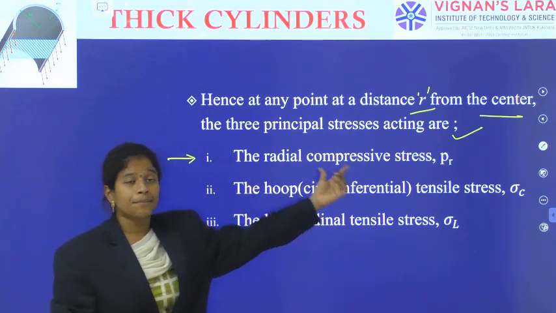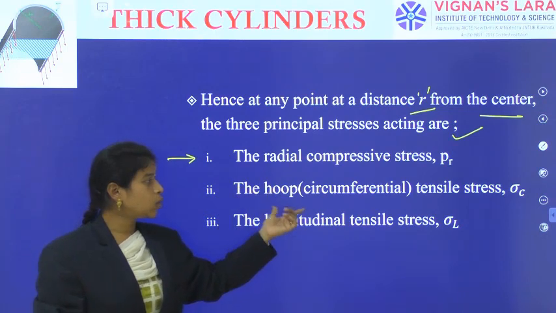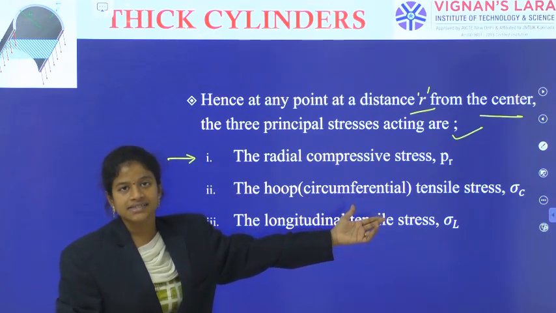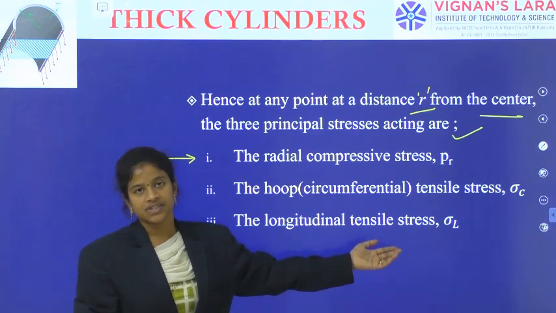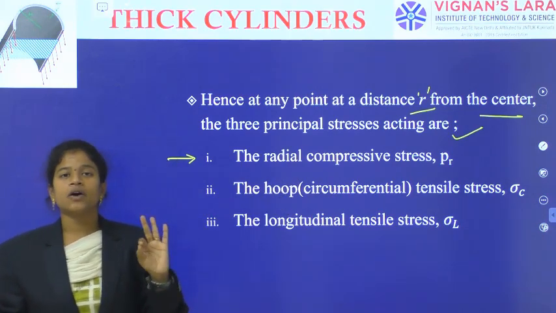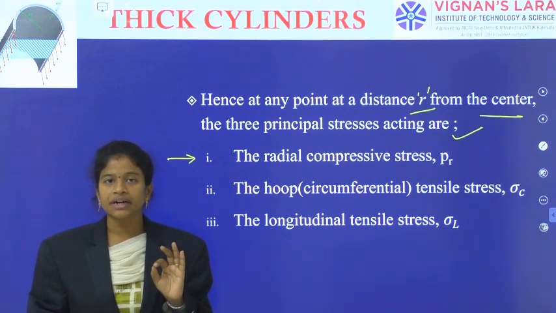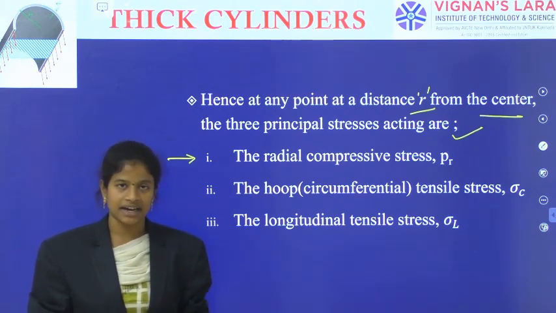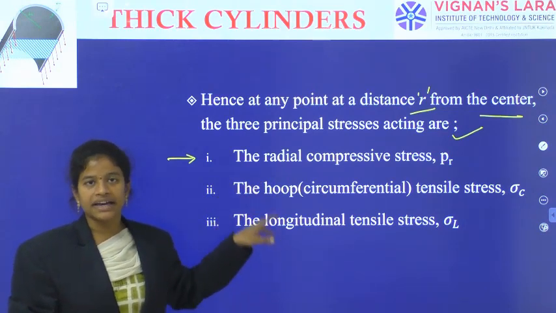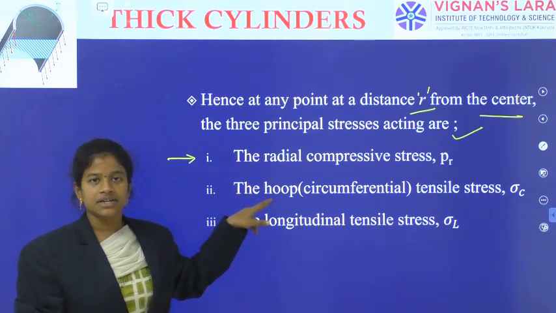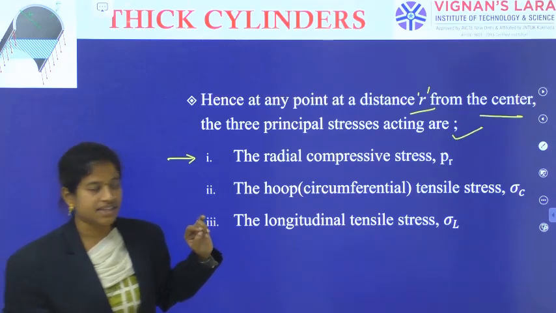So the radial compressive stress PR, the hoop circumferential tensile stress sigma C, and the longitudinal tensile stress sigma L. So the three principal stresses acting on the particular element of the thick cylindrical shell are these three: PR, sigma C and sigma L. PR is compressive in nature, sigma C and sigma L are tensile in nature.